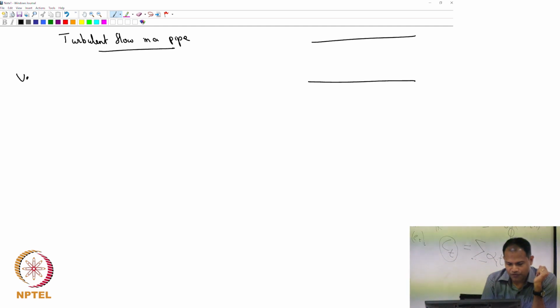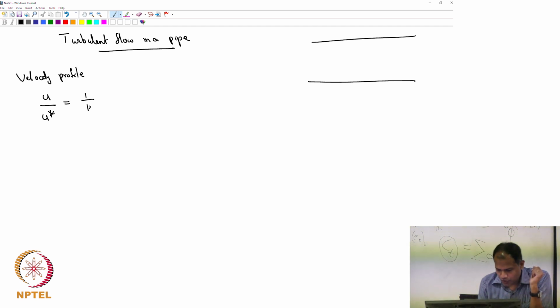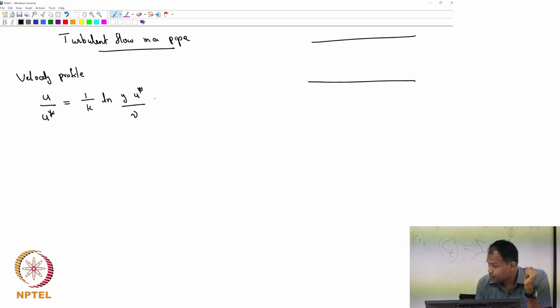The velocity profile will be now given by u star is equal to 1 over k ln(y u star by nu) plus b. So this is the logarithmic law that we wrote down.